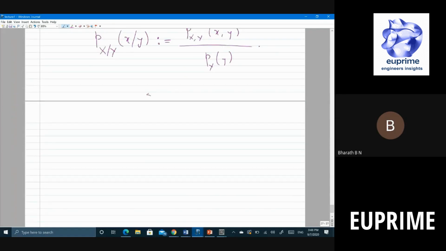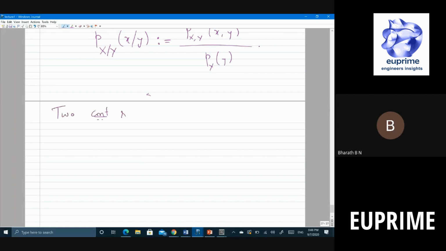Okay, so now we need to define what is known as conditional PDF. For that we need some level of description. So for example, okay, let me just do this first.